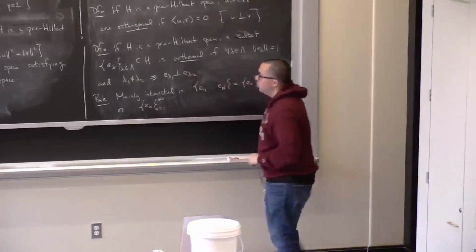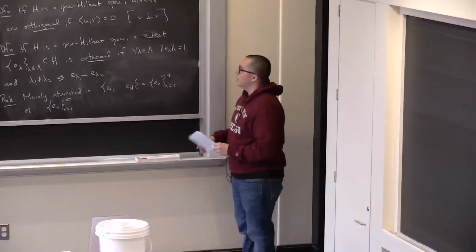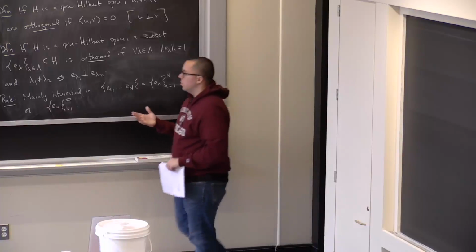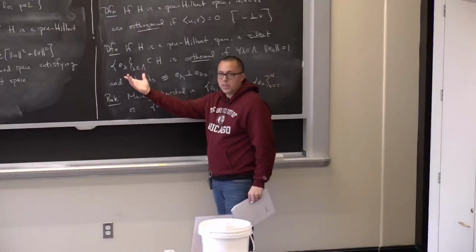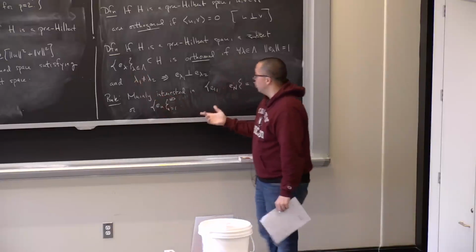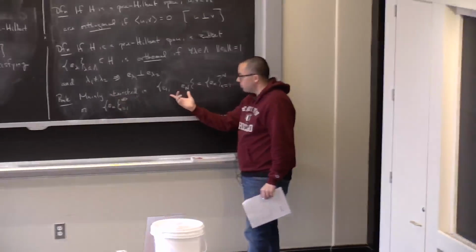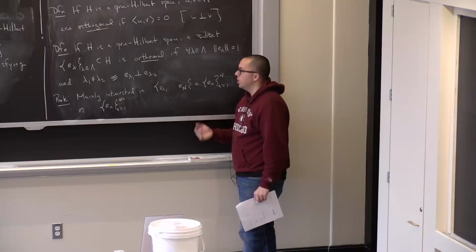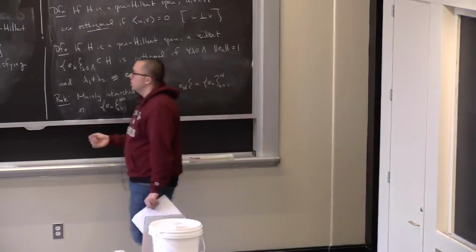Okay, so mainly, although an orthonormal subset of H could be a very crazy type of subset, mainly we're going to be interested only in finite or countably infinite orthonormal sets.